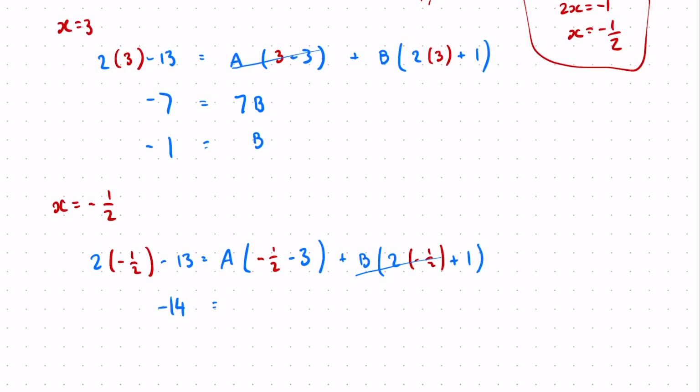And that is equal to minus 3.5a. I'm going to write it as minus 3.5a, which gives me an a equal to 4.